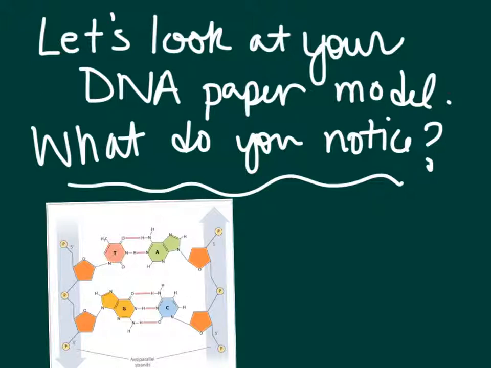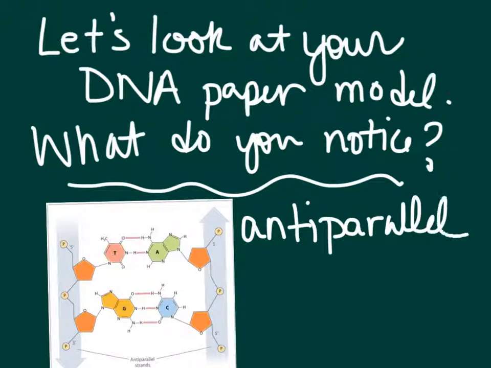What do we call that? That's called being anti-parallel. And in our initial pictures, like the one from your textbook, it tried to explain to you why it was anti-parallel.